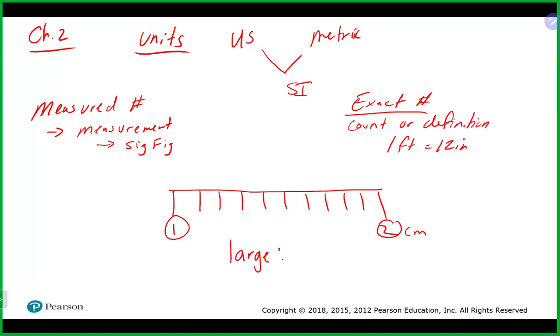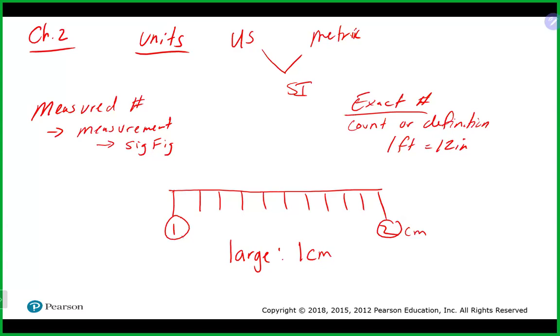In this case, we have a marking at 1 centimeter and a marking at 2 centimeters. If we want to figure out the difference between the two markings, or how much that represents, we can just subtract the two numbers. That means each of the large markings in this case represents 1 centimeter.